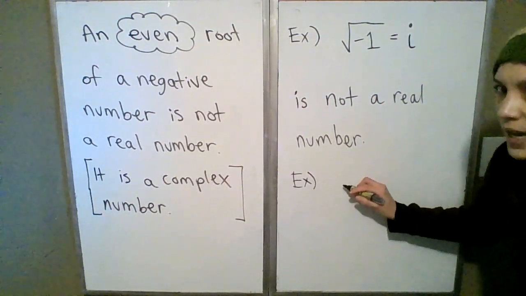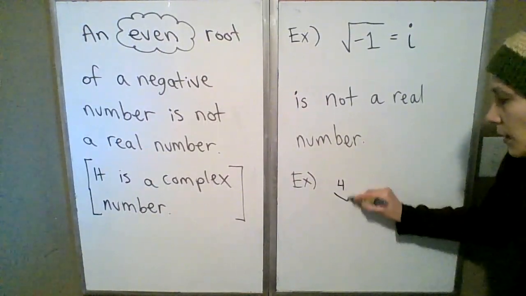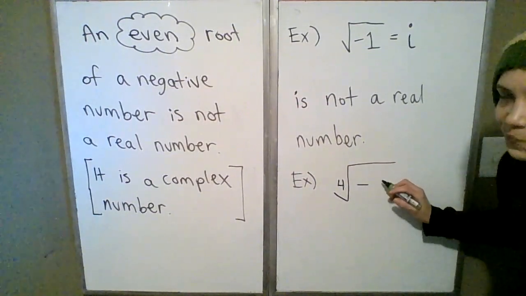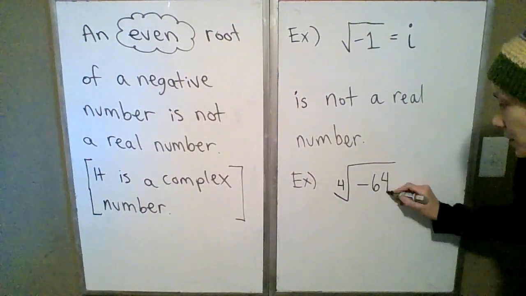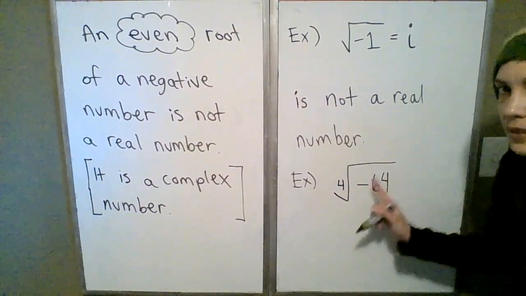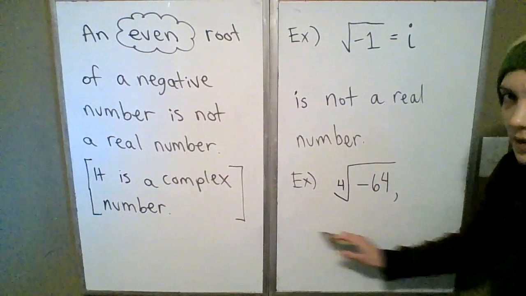And just say that if you have an even root, like the fourth root of negative, let's do 64. There's an even root and a negative number. So it's not a real number. It's a complex number. All you have to say is not a real number.